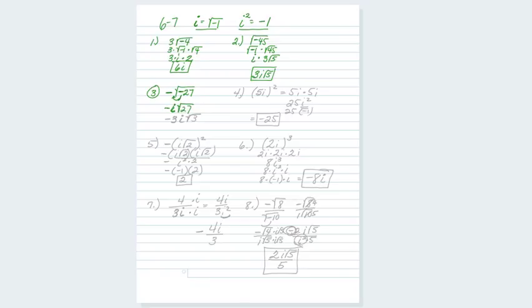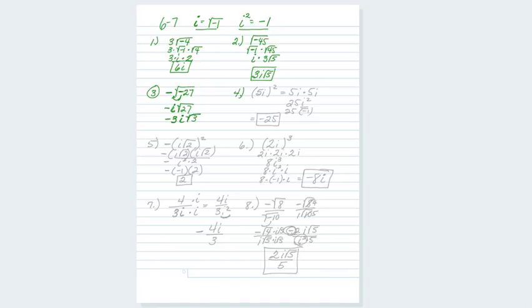The square root of 27 is 3 square roots of 3, so we end up with a negative 3i square roots of 3. Notice where the i is placed in our radical. Because it is representing a radical, putting it in front of the square root of 3 just makes sense. So it's a negative 3i square roots of 3.